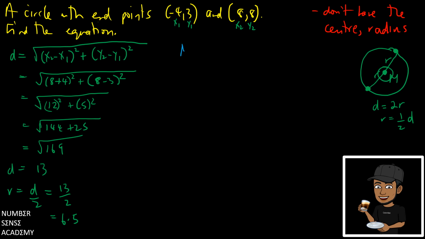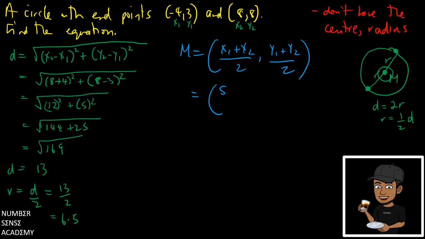So if you remember, the midpoint formula is x1 plus x2 divided by 2, y1 plus y2 divided by 2. So I have 8 minus 4, or it could be negative 4 plus 8, whatever, divided by 2. And then I have 8 minus 3 divided by 2. So this becomes 4 over 2, and this becomes 5 over 2.